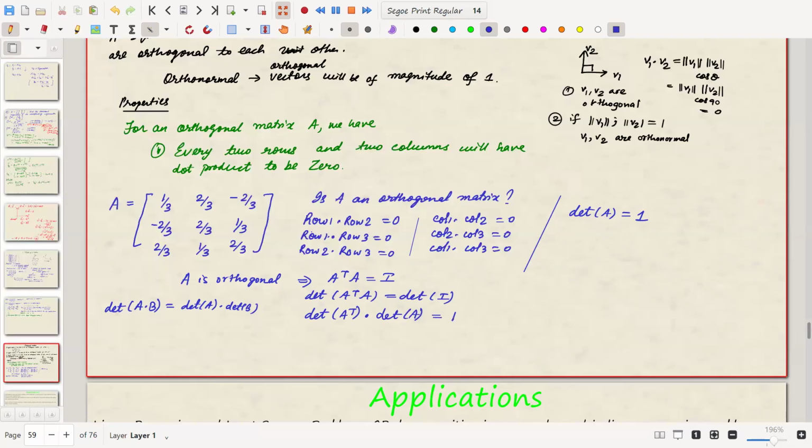Now you also know a property of determinants: the determinant of A is the same as the determinant of A transpose. You can check it. So if that is the case, can I write this as determinant of A times determinant of A equals 1? Yes, just by using this logic. Fine.